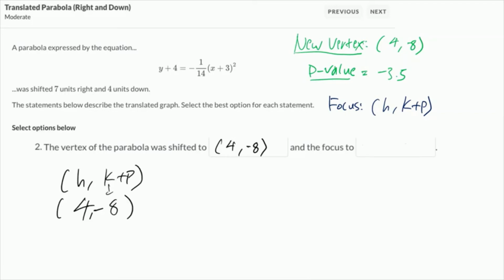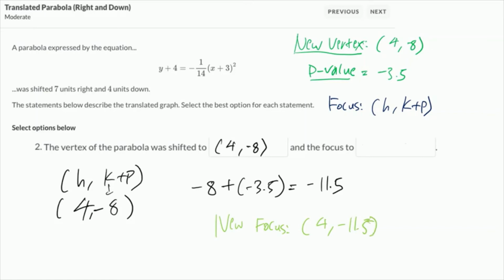K is negative 8, so negative 8 plus our p-value would get me negative 11.5. So our new focus would be 4 comma negative 11.5. So let's fill that in the blank.